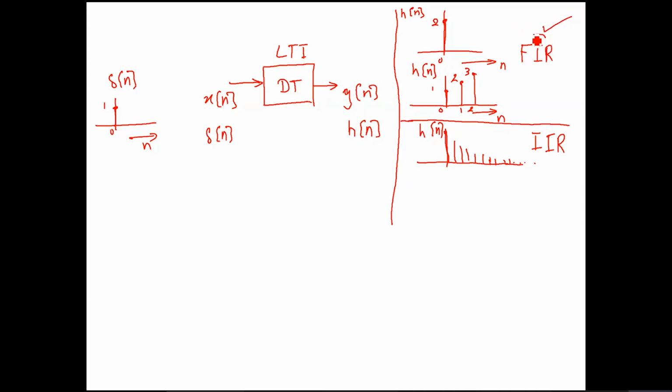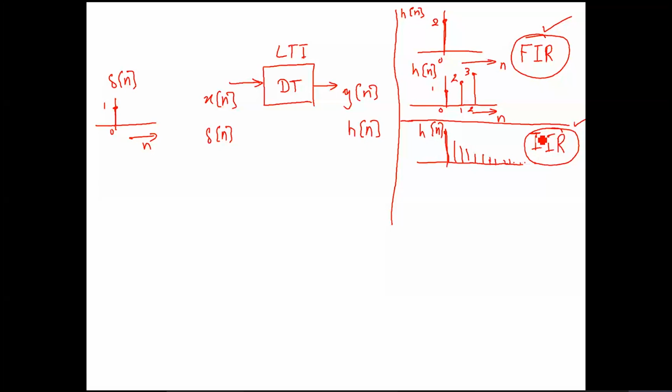Now these terminologies of FIR and IIR, you may have already heard, but if you have not, you'll start hearing them from now onwards, and throughout your engineering career you will keep hearing these terms. It's an FIR system, it's an IIR system, the impulse response is this, the system is stable, the system is unstable. You will come across these terminologies a lot once you become an engineer.